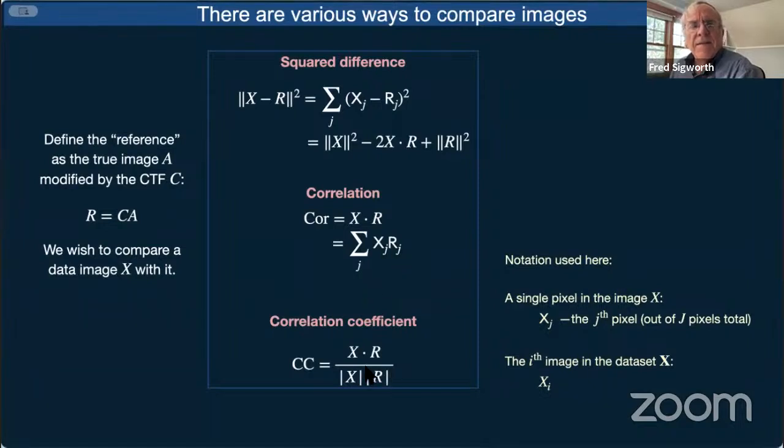And then there's a fancier way of doing the correlation called the normalized correlation coefficient, where you do the correlation and normalize it by the product of the magnitudes of the image and the reference. This is nice because its maximum is supposed to be 1, whereas the plain correlation's maximum depends on how much signal there happens to be at that place in the images.